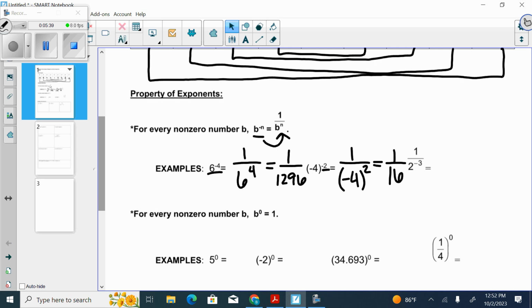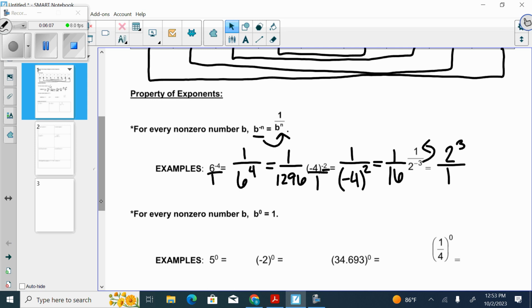Here, this is the same as being over 1, right? So we moved it to the bottom. But here, it's already in the bottom. So to fix it, I'm going to move it to the top. Moving it across that line is what fixes the sign. So since it was already in the bottom, I'm going to move it to the top, and now it's a positive 3 over 1.